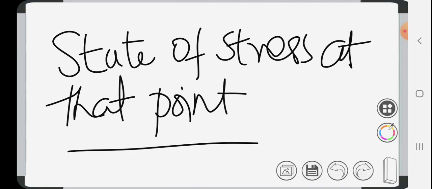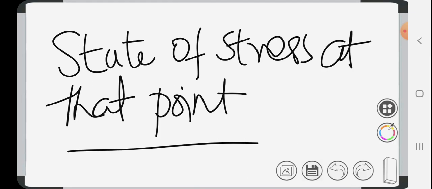So students, in the previous sessions our idea of stress was something acting on a plane, but now we have changed that perspective. Stress is not acting on a plane, but actually acts on a particular point.